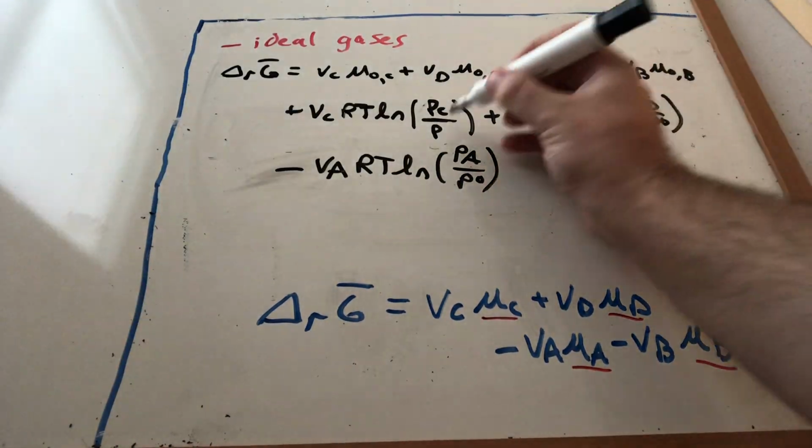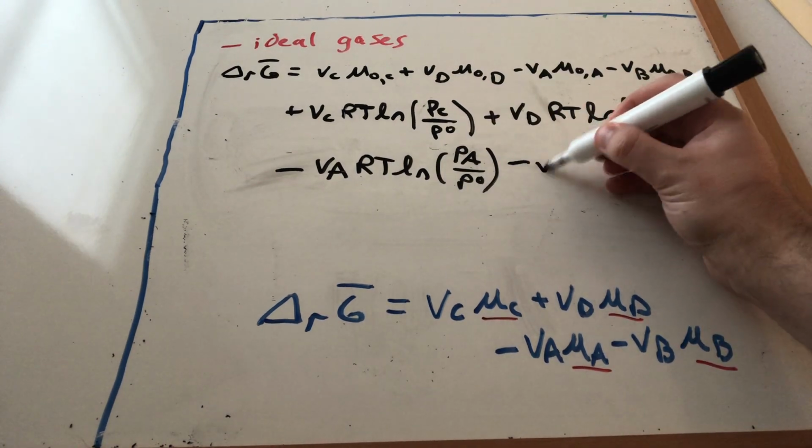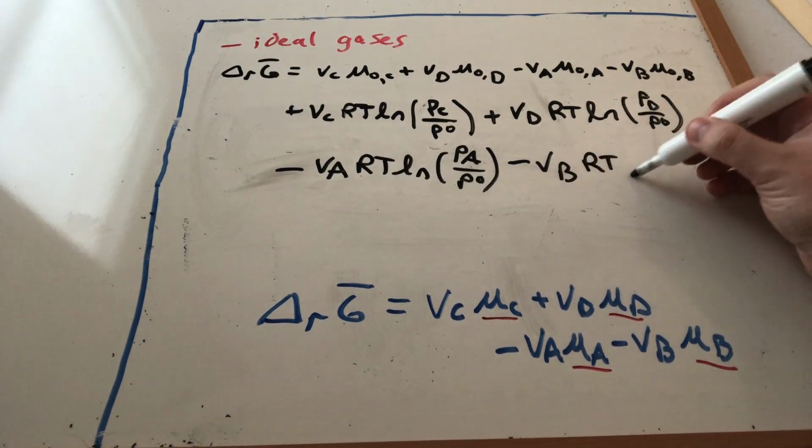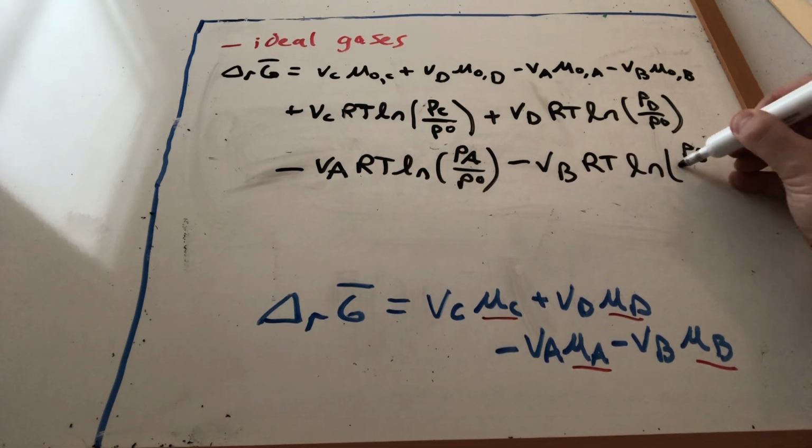I'm going to make this a superscript here, minus VB, RT, the natural log of PB over P naught.